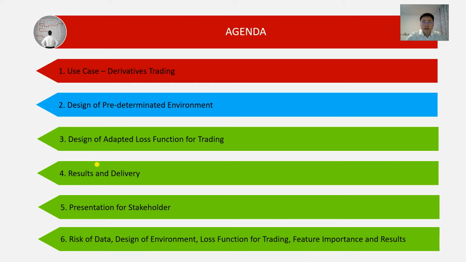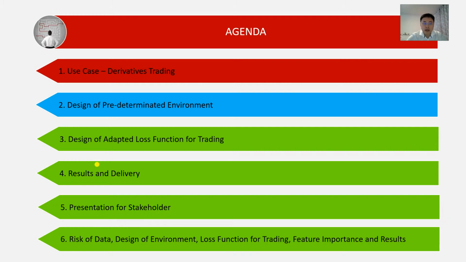From my agenda, in the first place, I will introduce my use case. In the second part, I will give you a review of my predetermined environment. In the third part, I will define the adapted loss function for trading. And in the fourth part, I will show you some results and deliveries.